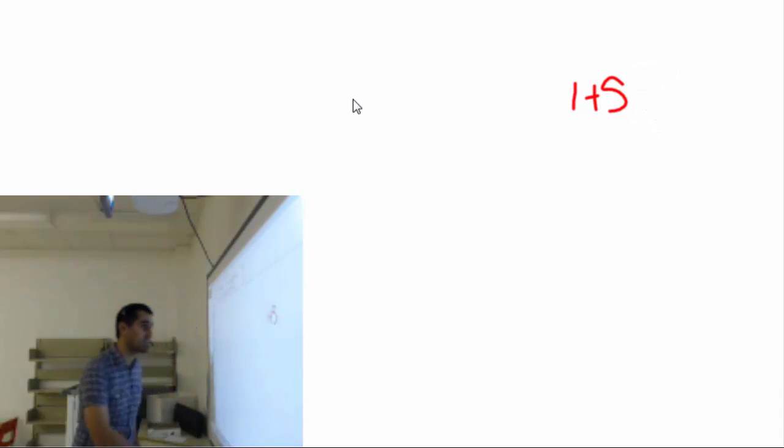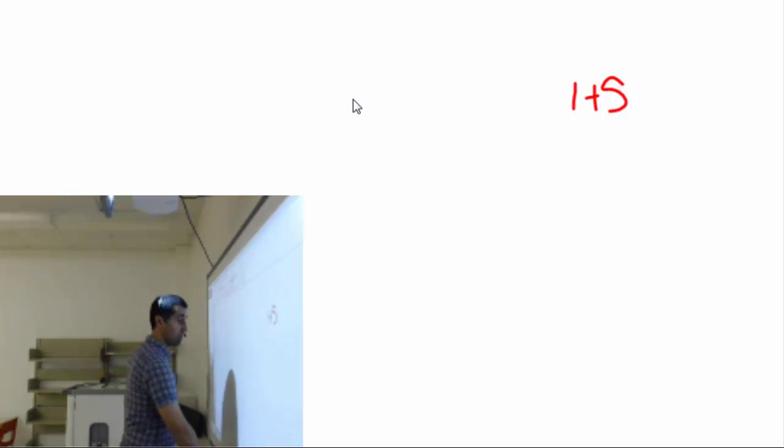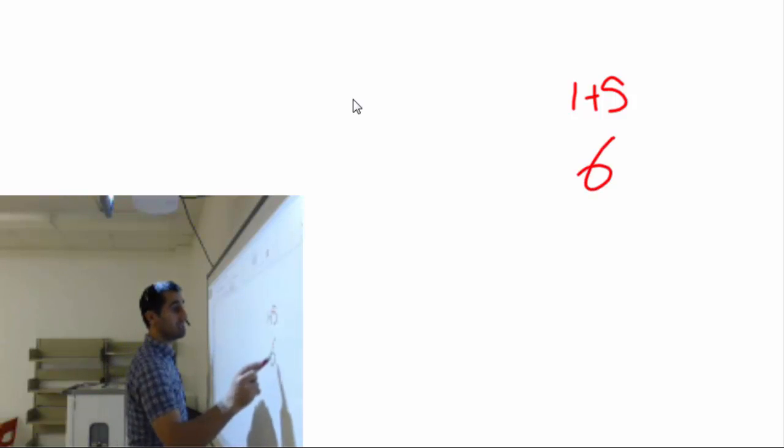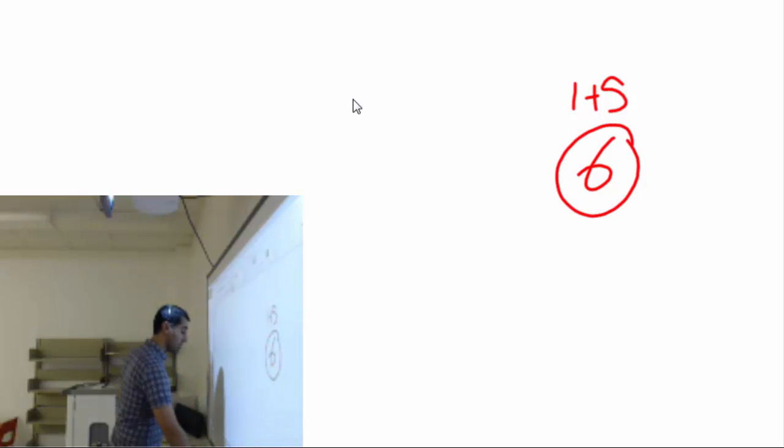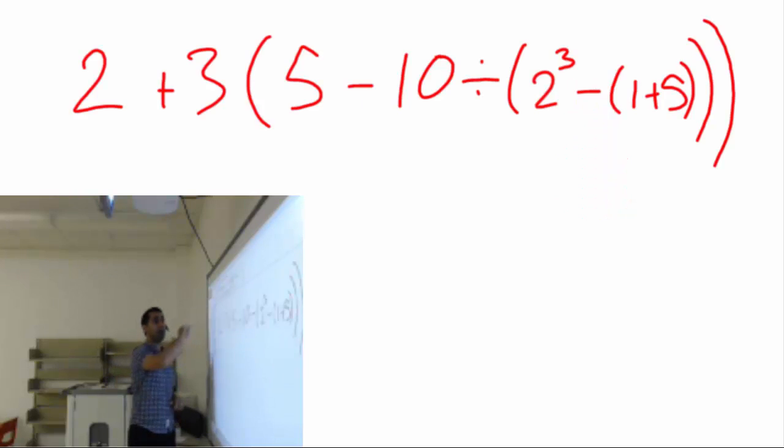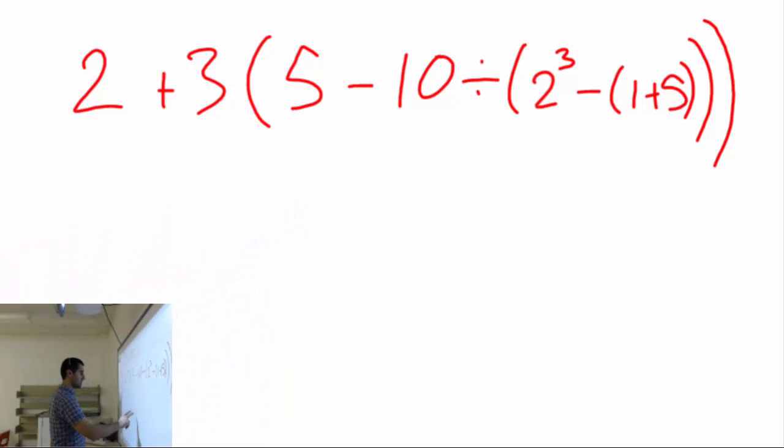Whoa, that was a lot of erasing. 1 plus 5. I need to do this first. What is 1 plus 5? That is 6. Okay, let's remember we did the very small bracket inside, so that's 6. Let's go back to our question, and now we know. Let's just paste it.